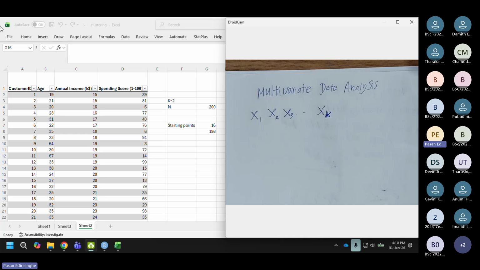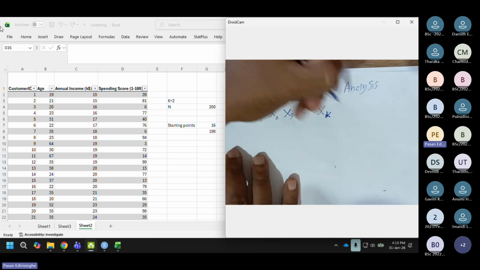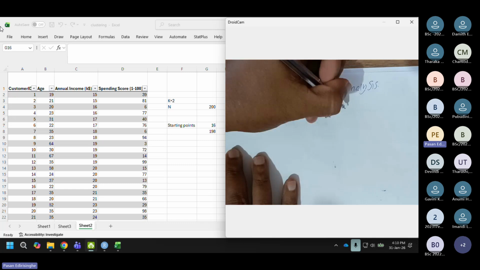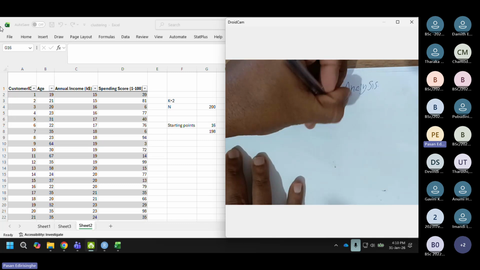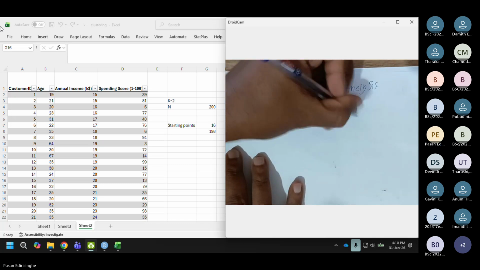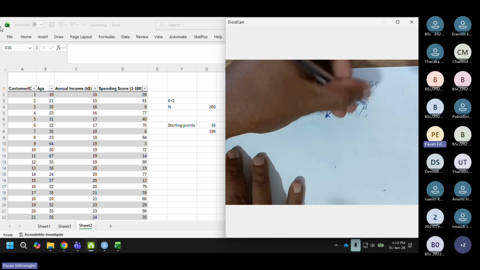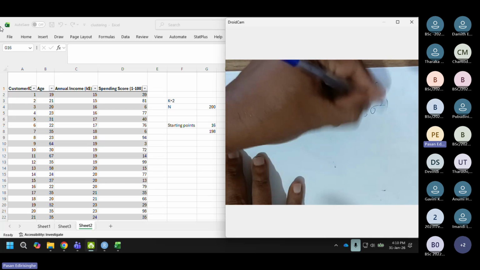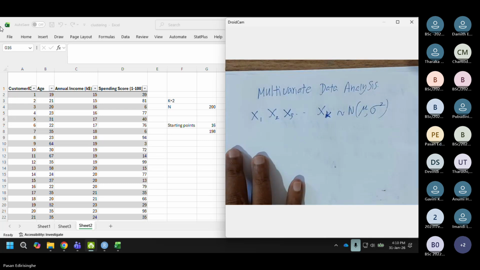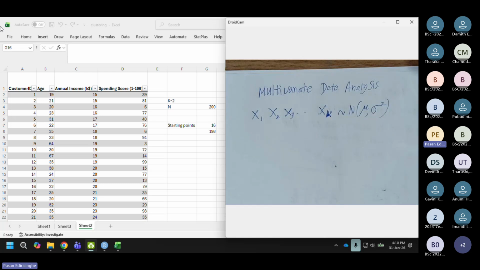So that is our target. We know that each of these variables is normal, with mean mu and variance sigma square. So they come from the normal distribution with some mean and some variance sigma square, right?